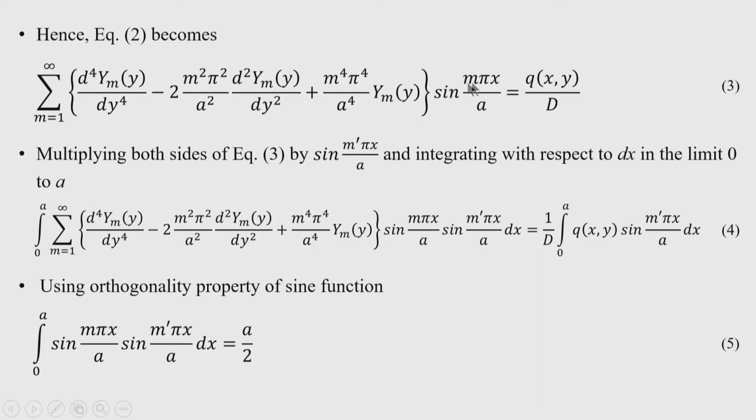So, when sin m pi x by a is multiplied by another sine function of m dash pi x by a, when m and m dash are integers, and it is integrated from 0 to a with respect to x, that value will be 0 if m is not equal to m dash.